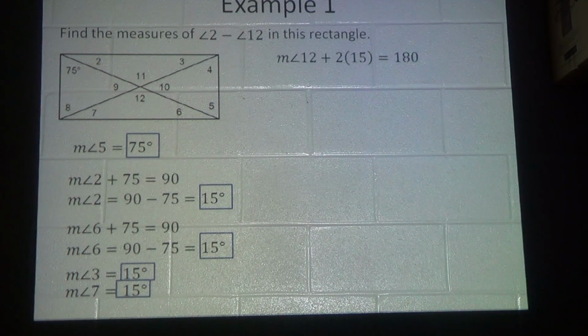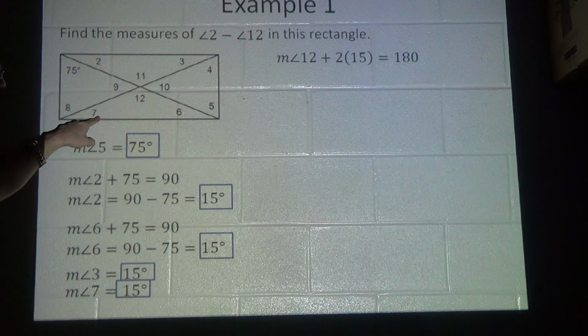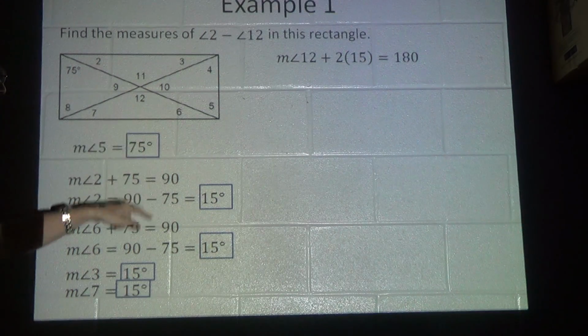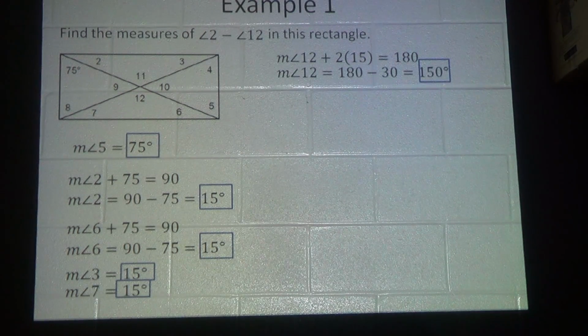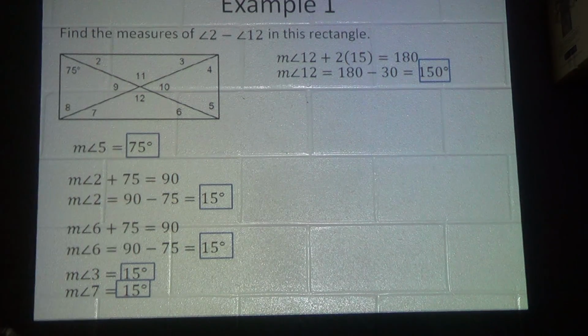So the measure of angle 12, which is this one right here, plus 2 times 15, which is these two angles right here, has to equal 180. So the measure of angle 12 is equal to 180 minus 30, which is 150 degrees. Angle 11 will have to be 150 degrees by vertical angles.